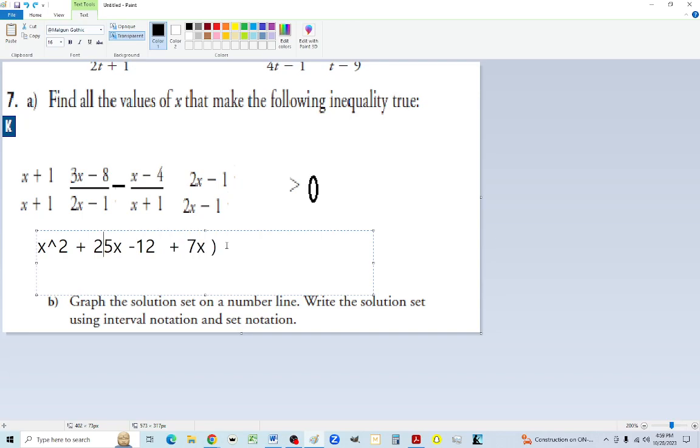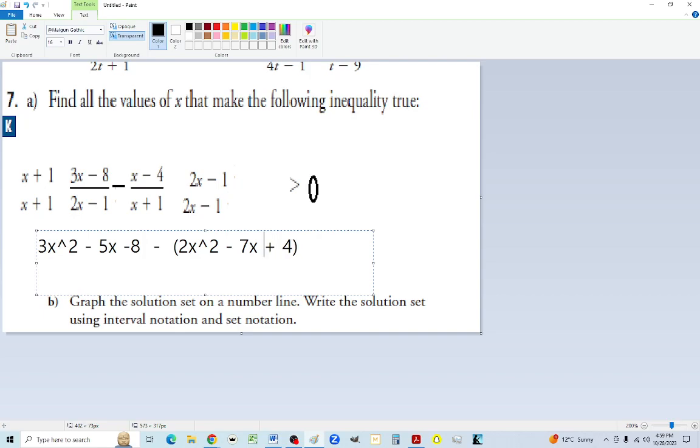So you always want to go back and make sure of your numbers. There we go. 3x squared minus 8x plus 3x is minus 5x minus 8. And then over here, it's 2x squared, all in minus, 2x squared minus x minus 6x, so minus 7x, and then plus 4.